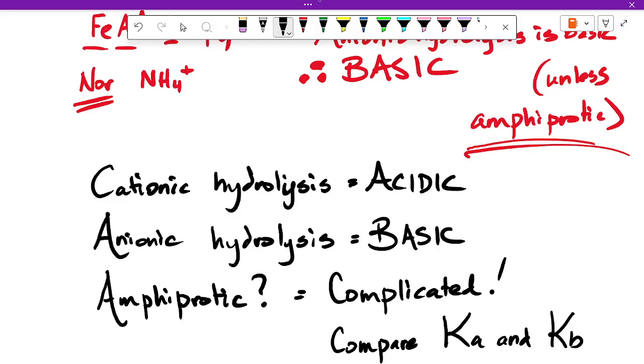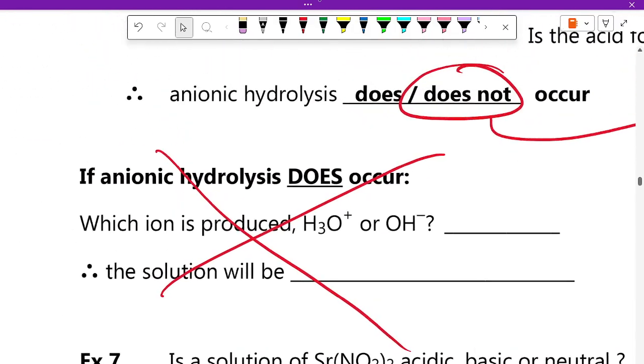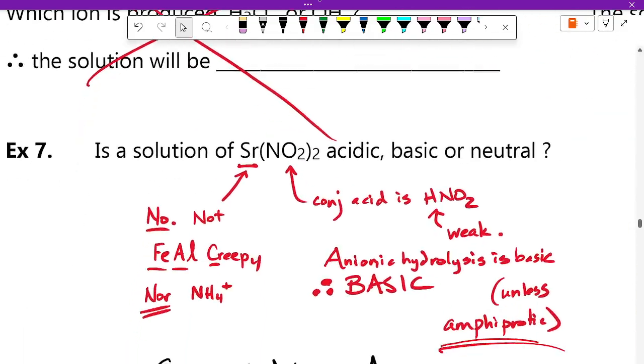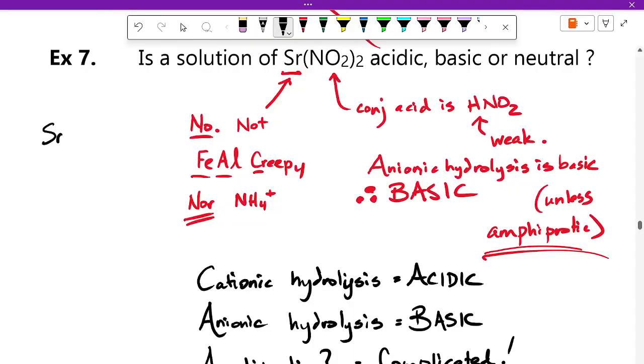But if this was too freeform, too in your head at this point, feel free to go back to this process. Write the dissociation, right? So if I did that, I would write the dissociation. I have Sr(NO2)2 goes to Sr2+ plus 2 NO2-, and then I'd be like, okay, does Sr2+ react with water?